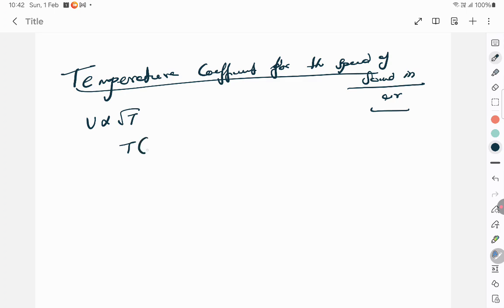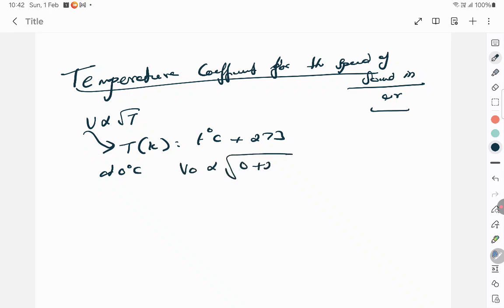So a temperature in Kelvin is always the degree Celsius temperature plus 273, which we learnt in conversions in thermal properties. So let's do at 0 degrees Celsius. You substitute and you find your velocity is also directly proportional to this temperature, right? So the initial velocity is therefore proportional to root of 0 plus 273.